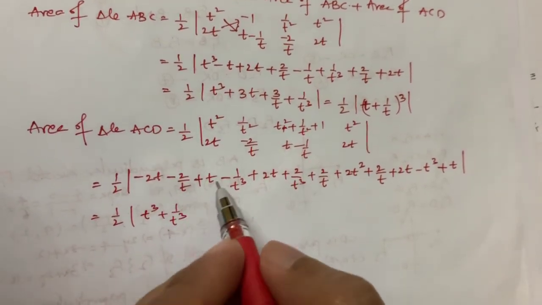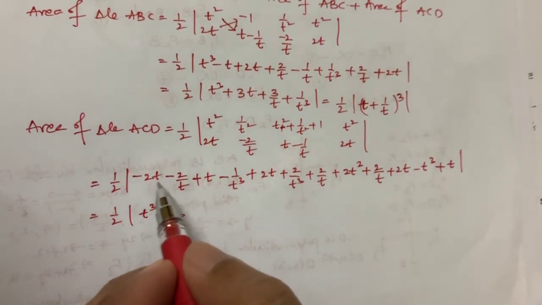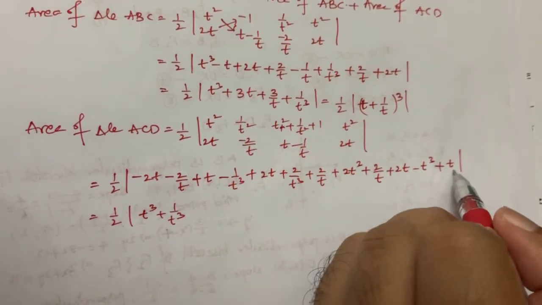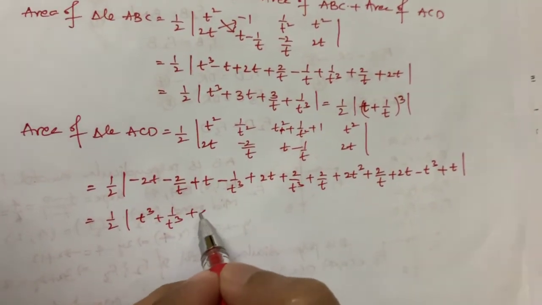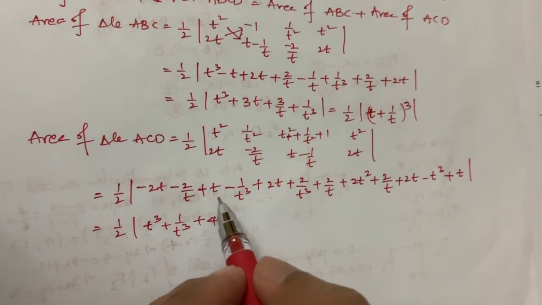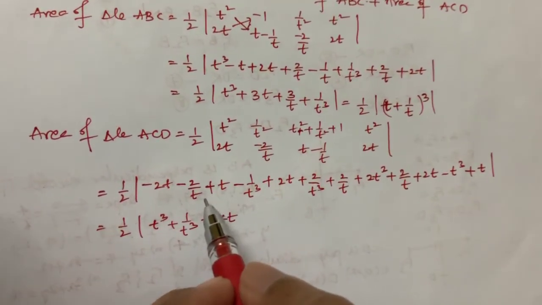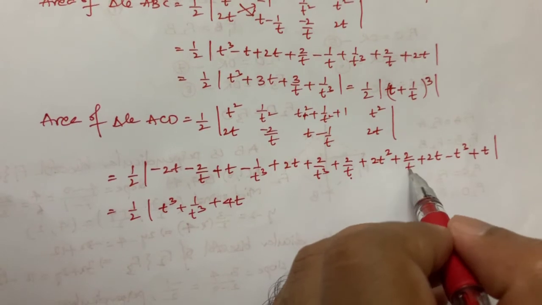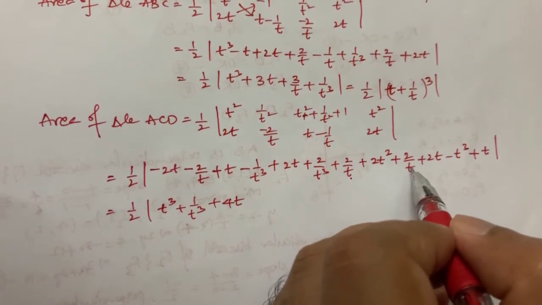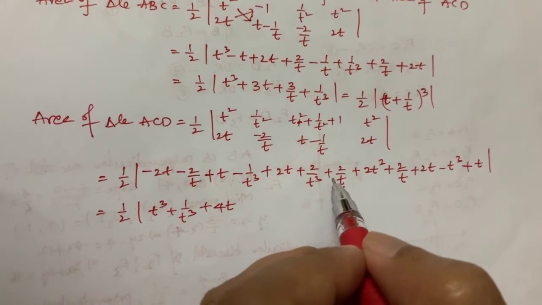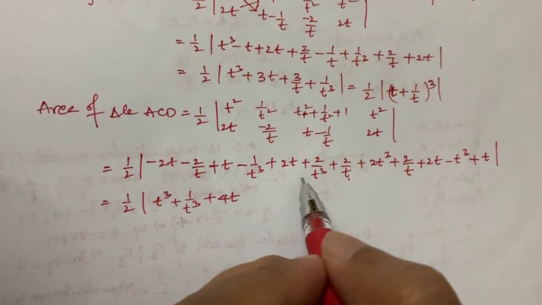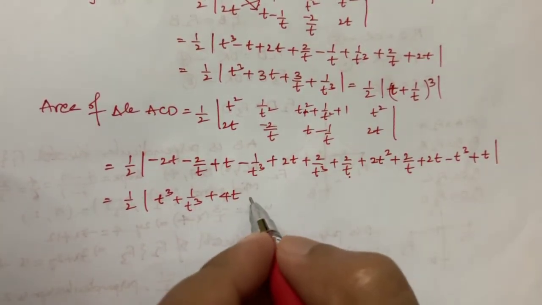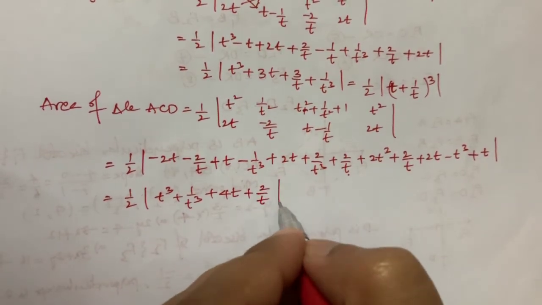Next for t terms, 2t minus 2t, this will go, t, t, 2t, so 4t, and then minus 2 by t plus 2 by t will go, 2 by t will remain.